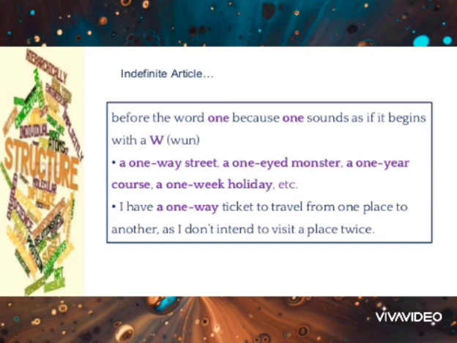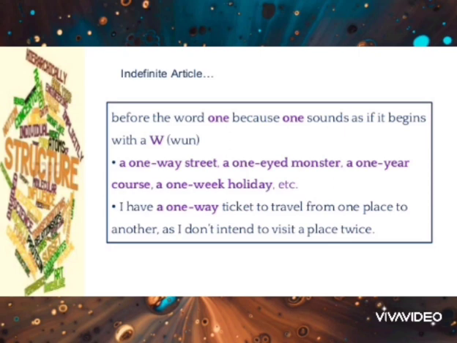Before the word one, you have to use a. Why? Because one sounds as if it begins with a W. The sound is just like the consonant W. For example, a one-way street, a one-eyed monster. One sounds like a consonant sound.